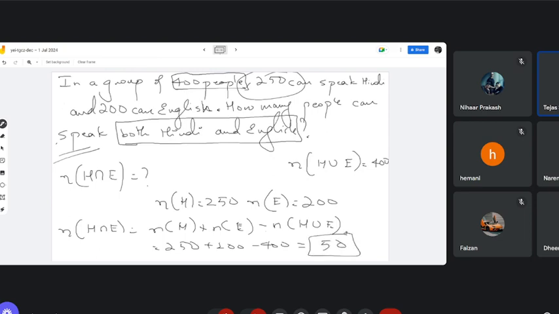So 50 people can speak both English as well as Hindi. So they belong to both category 1 and category 2. What is important is how many people can speak, that framing is important, and based on that, once you write the data, it's easier. This can be a 2 marker again. Okay, copy that.